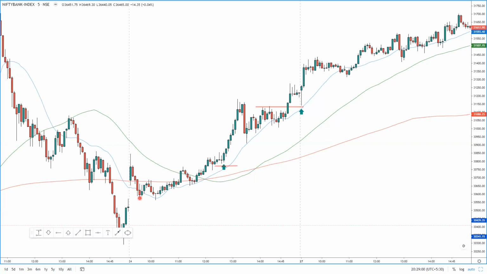So prices came down, they tried to bounce back, they came back again, and they tried to retest this area. They retested this prior low area.